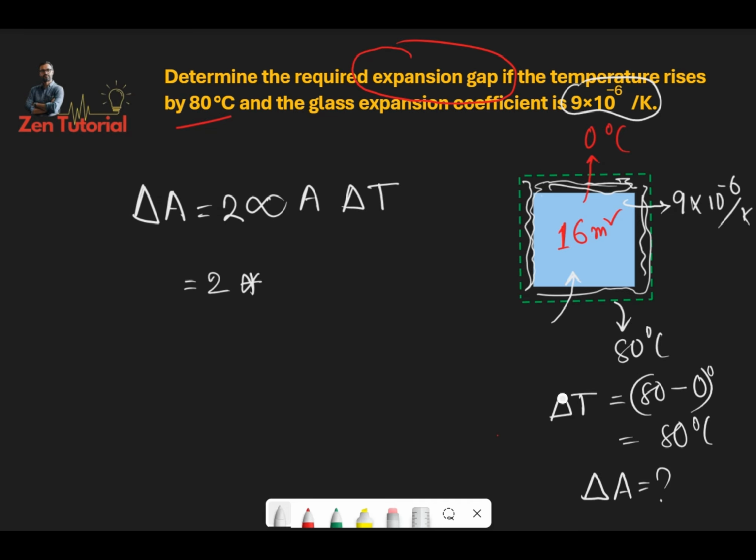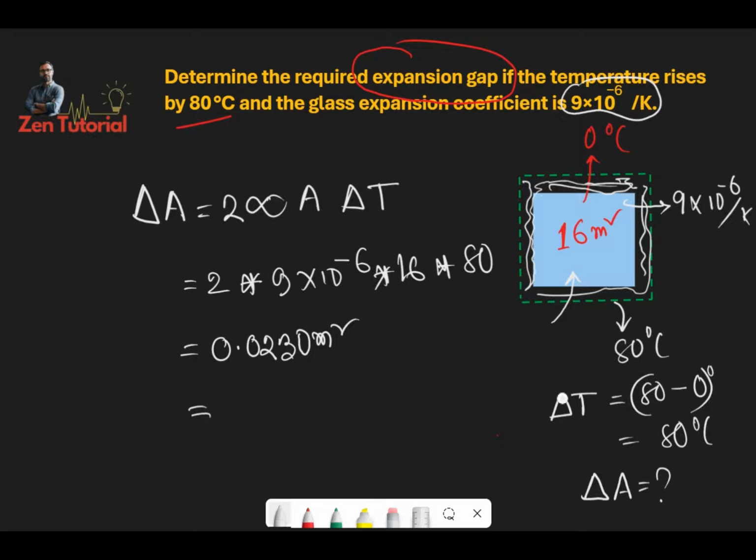2 times the value of alpha, 9 into 10 to the power minus 6, the area is 16 and del T is 80. So we have 0.023 meter square, or let's use one more digit.